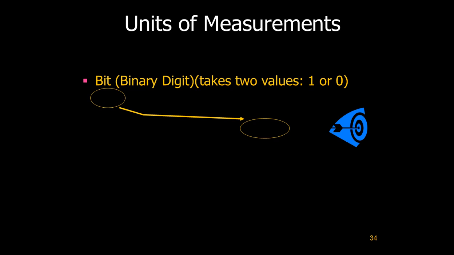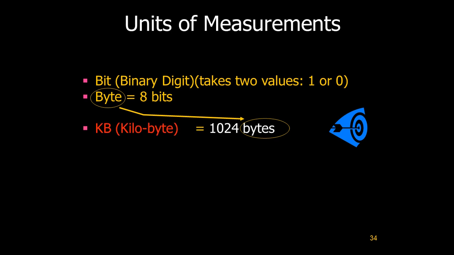Earlier I said when a computer is processing, there's a part where the equivalent of human language is changed into bits. So if there's a combination of bits or more, the space or the measurement will increase. The smallest unit we have is a bit, which is a 1 or a 0. A combination of 8 bits we call a byte.